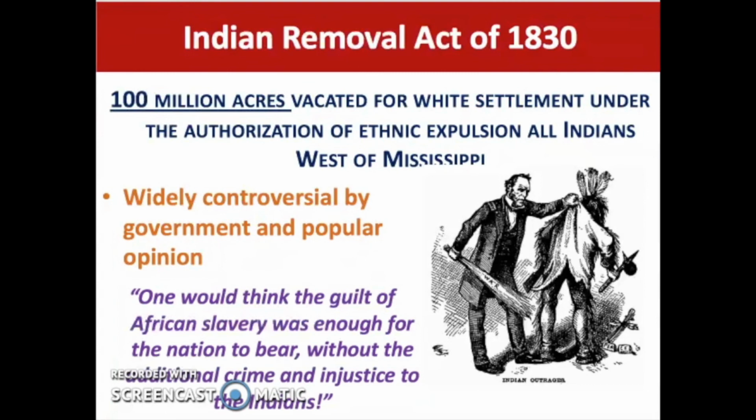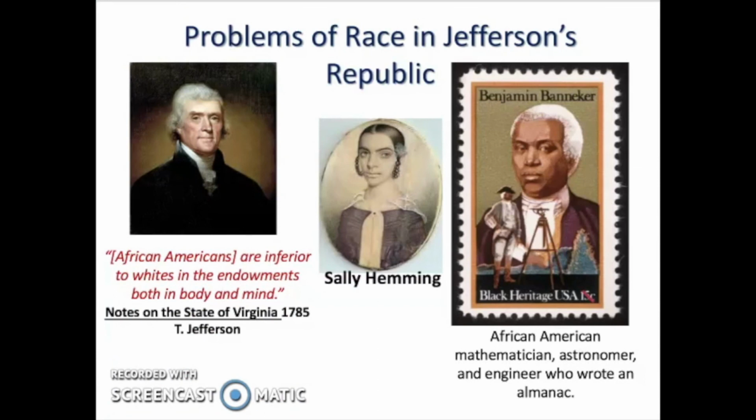So how do we reconcile with presidents and people of our past, our founding fathers, who on one side would say African Americans are inferior to whites, though having an affair with his slave, Sally Hemings, having problems with African American mathematicians like Benjamin Banneker, who he said, this mathematician, astronomer, he said there's no way he came up with these ideas himself.